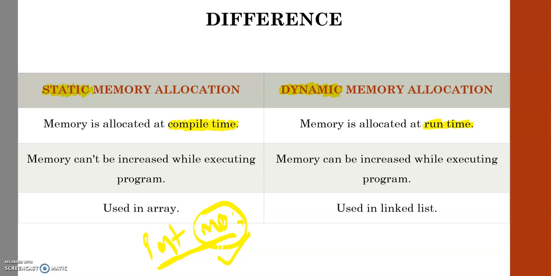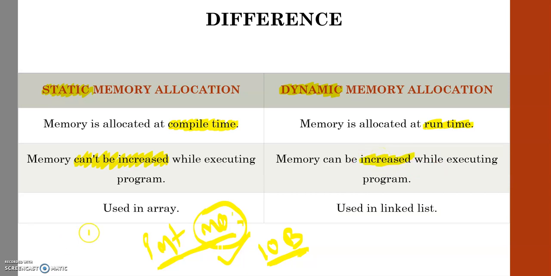Second point says, memory can be increased while executing the program. Let's say I have allocated 10 bytes, right? Once I have allocated the 10 byte memory, I cannot increase it, I cannot manipulate this memory. While if it's a dynamic memory, definitely we can manipulate it, we can increase it.